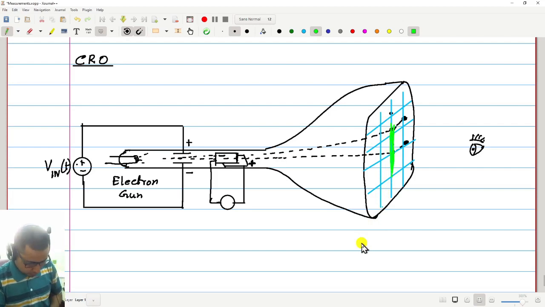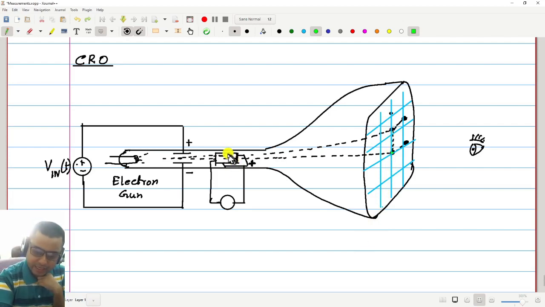But now suppose at the same time I apply a time varying voltage between these two horizontal plates, such that the waveform of this voltage, let me call it Vt, a time varying function, is like this. It is like a ramp, so it starts from a negative value, goes up to a positive value, then suddenly goes down and comes back to this negative value again.